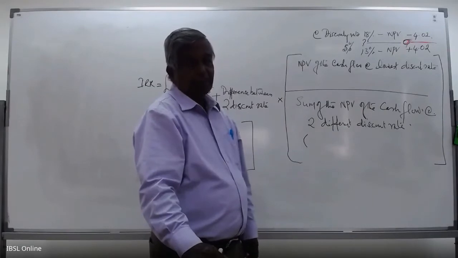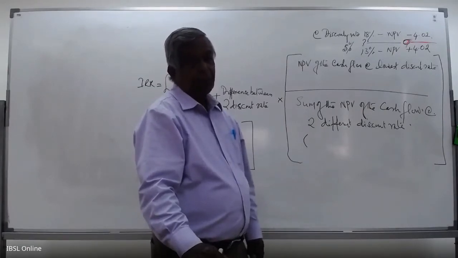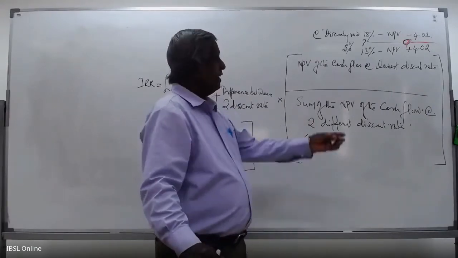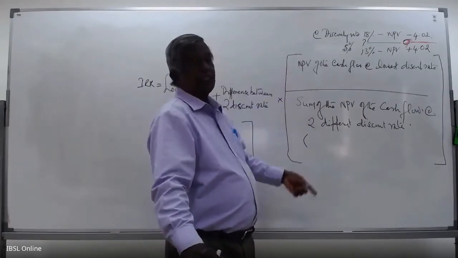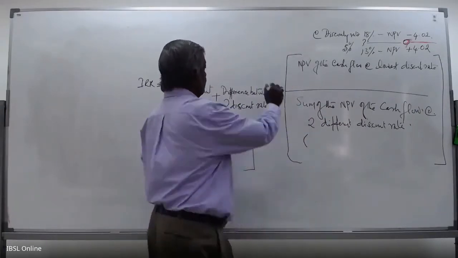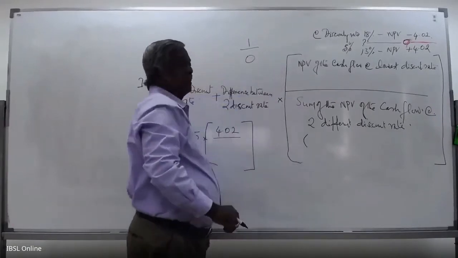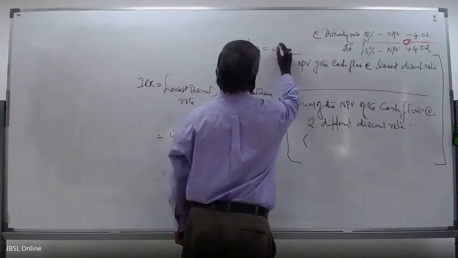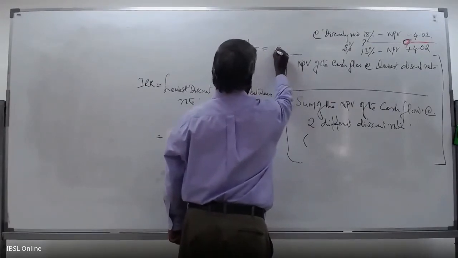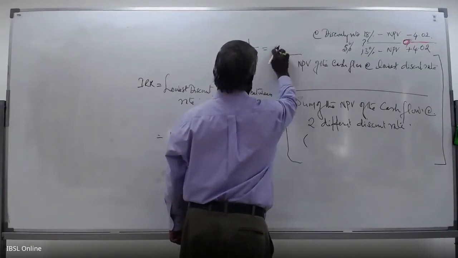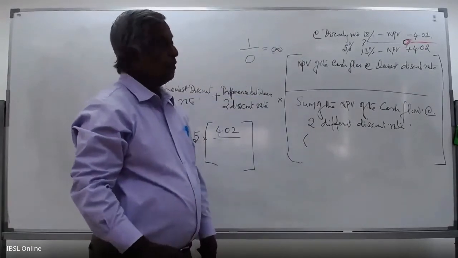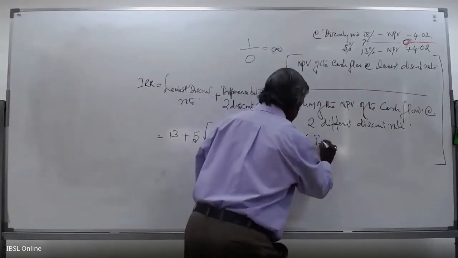Minus 4.02 plus 4.02 is 0. Any number divided by 0 will be infinity.